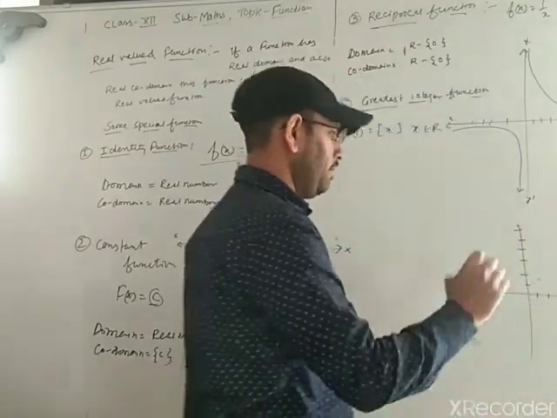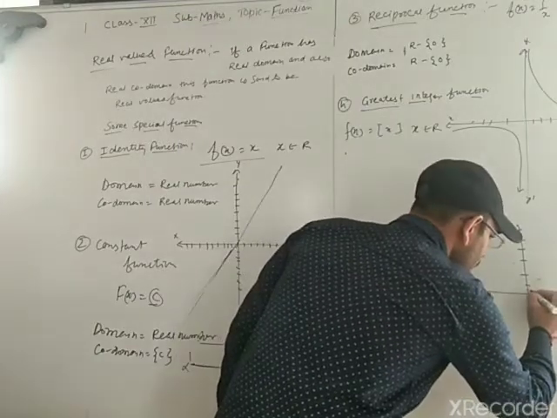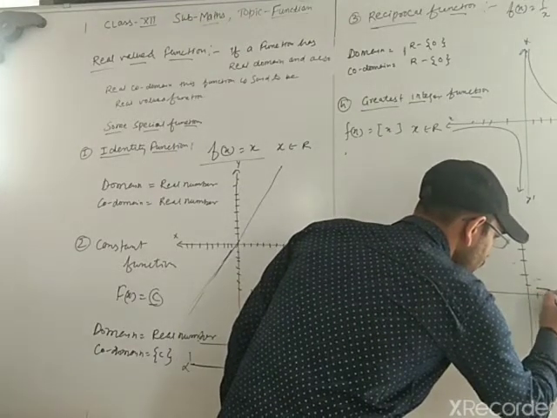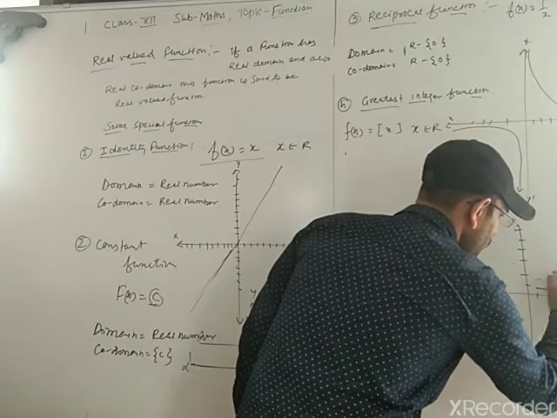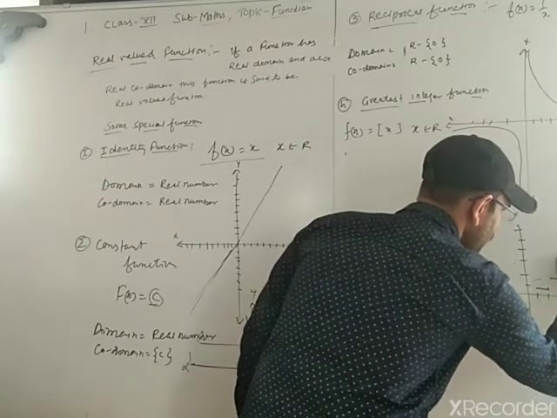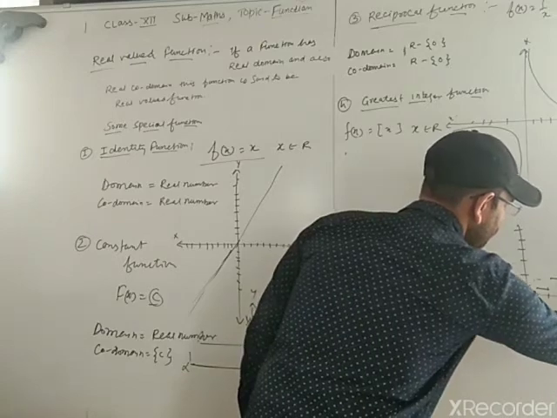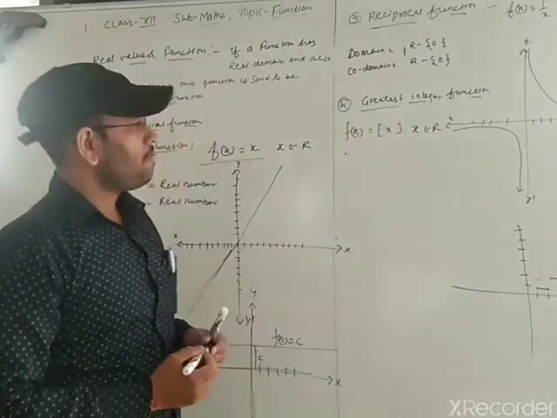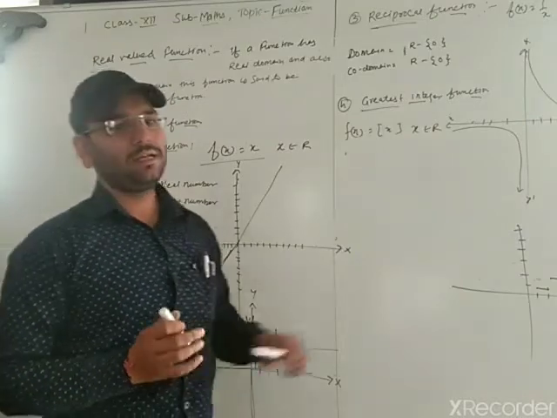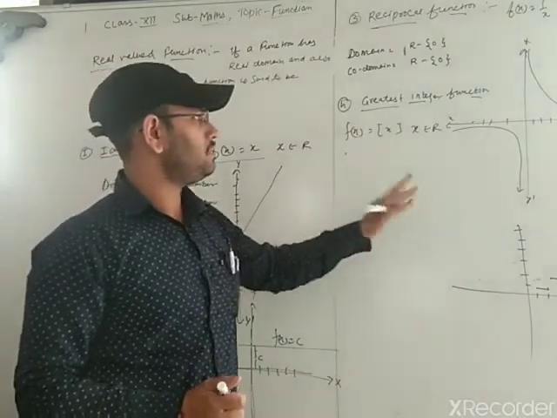Clear? And the graph of this function looks something like that. Clear? Now I just want to discuss the greatest integer function.